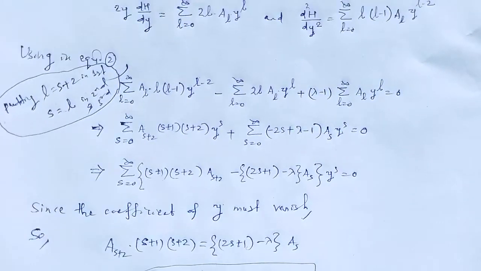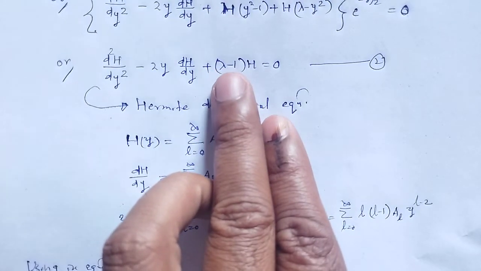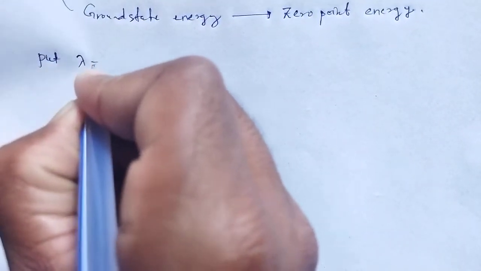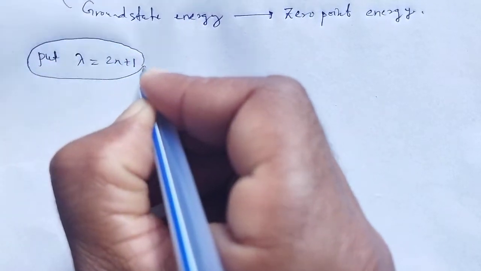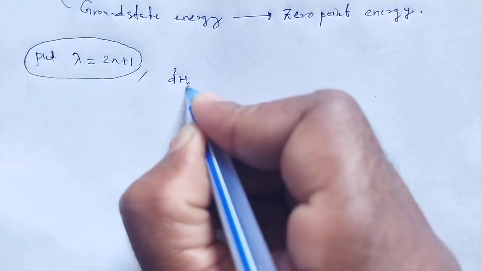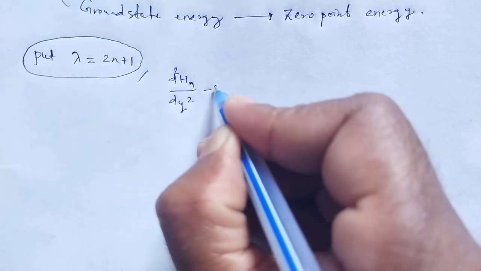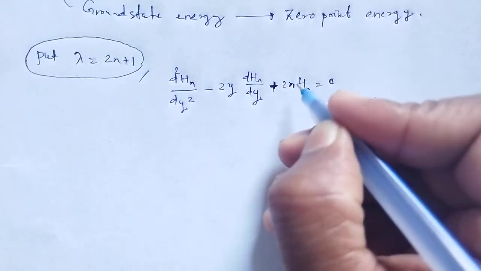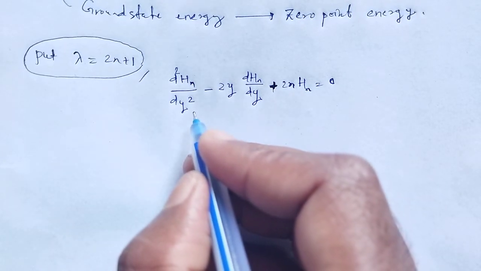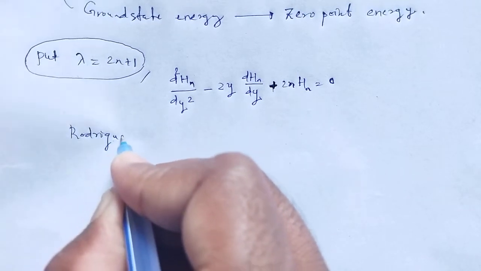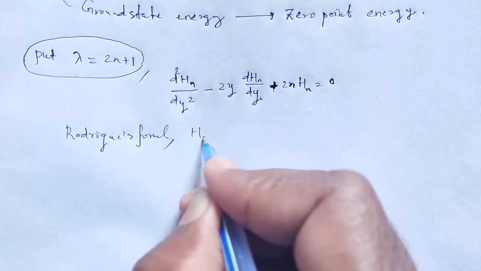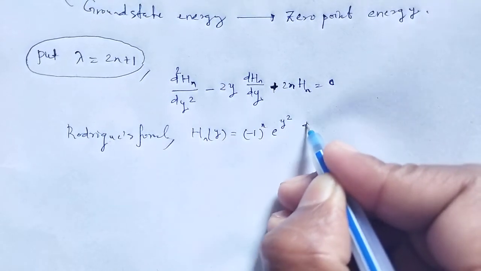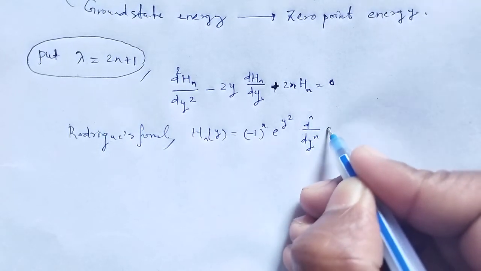Put lambda is equal to 2n plus 1 here, that is d square H_n by dy square minus 2y dH_n by dy plus 2n H_n is equal to 0, and the Rodrigues formula of the Hermite polynomial is H_n of y is equal to (minus 1) to the power n e to the power y square, nth differentiation of e to the power minus y square.